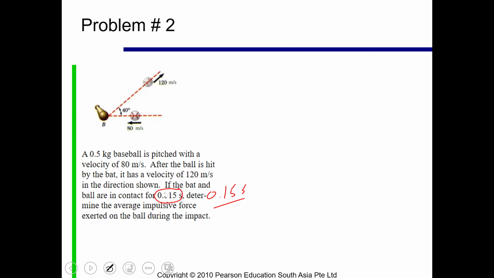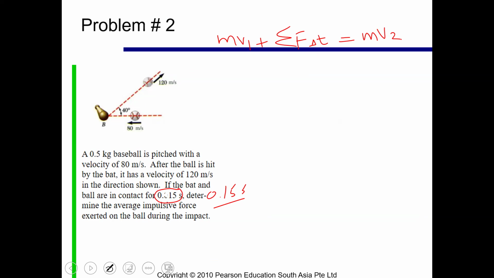The equations you need to put, again in x-axis and again in y-axis.